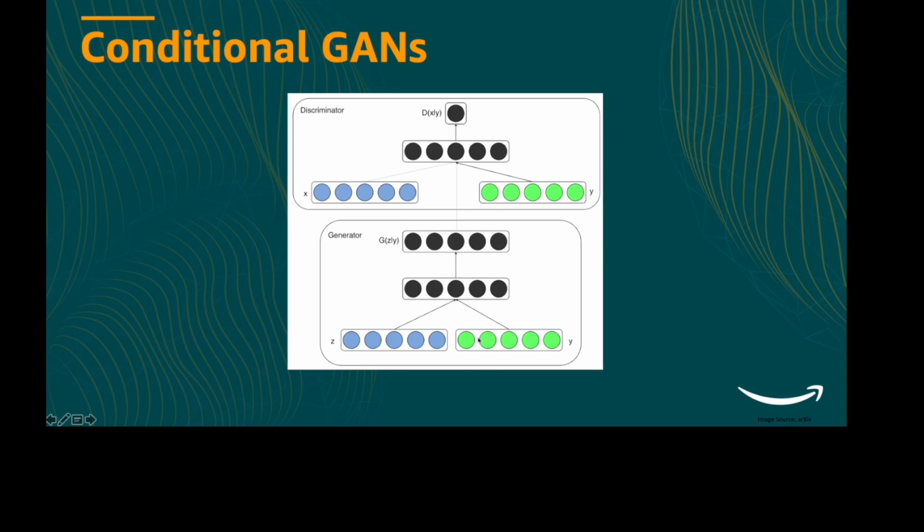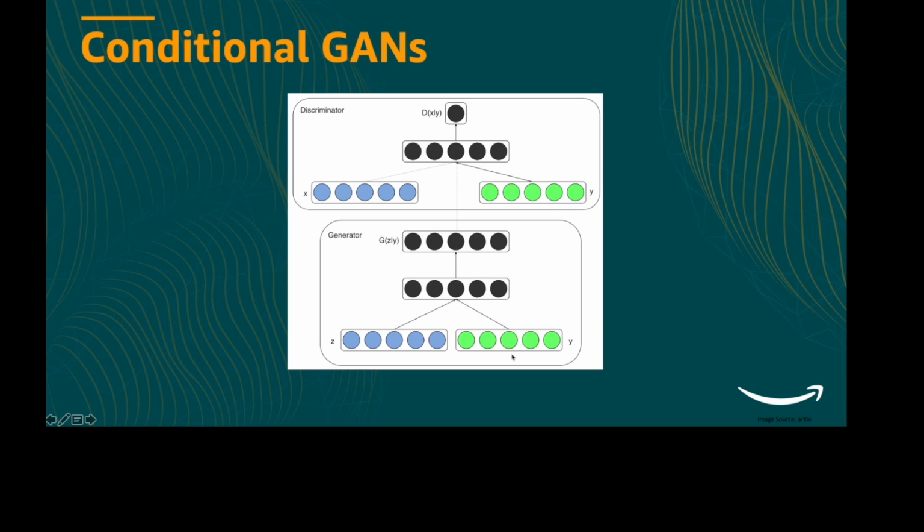Suppose you want to generate an image of a dog. In that case, along with the random noise as an input to the generator, you might add certain features related to a dog as an input to the generator network, and similarly you can use the same features for the discriminator network as well.